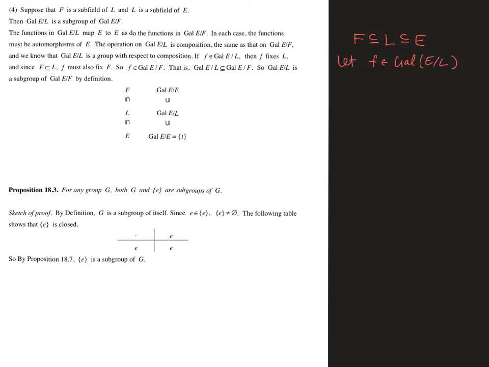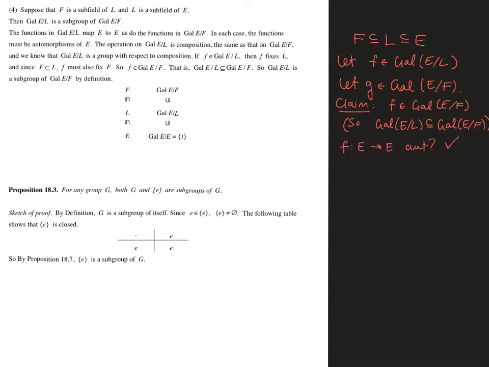So I'm going to let f be an automorphism in the Galois group of E over L, and I'm going to let g be an automorphism in the Galois group of E over F. And I claim that f is also an element of the Galois group of E over F. If I can show that, that will show the containment argument, that the Galois group of E over L is a subset of the Galois group of E over F. And then we can worry about whether or not it's a subgroup.